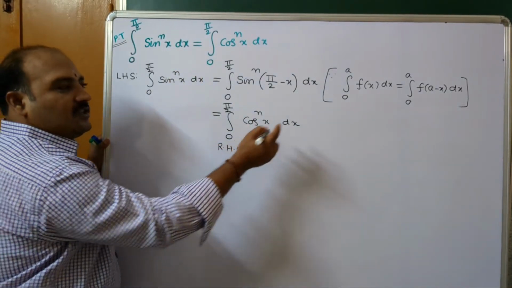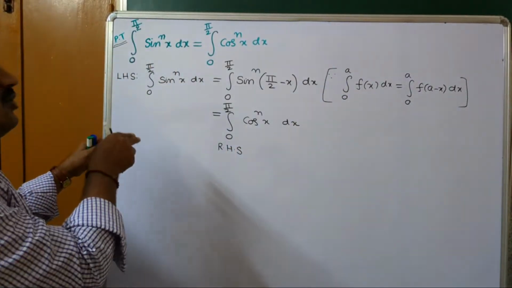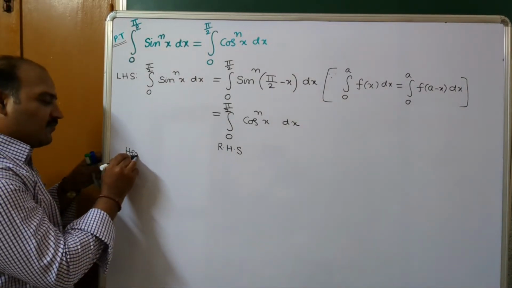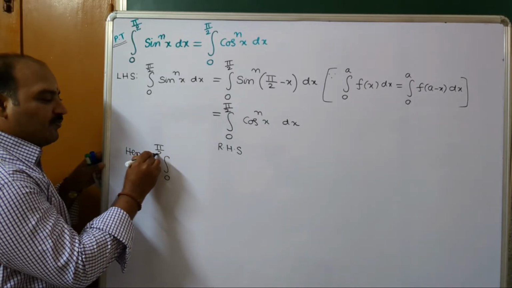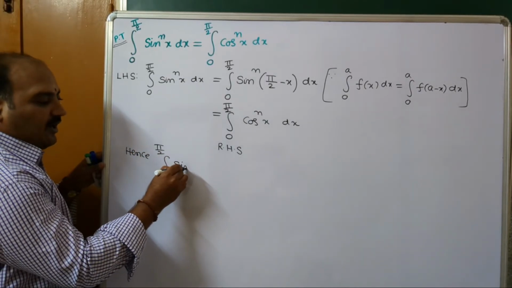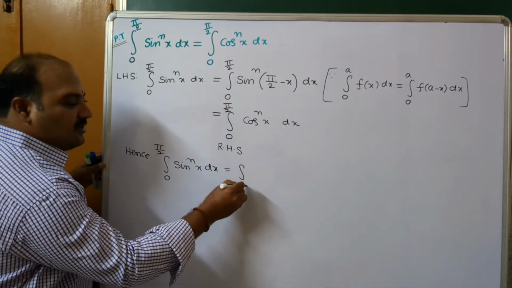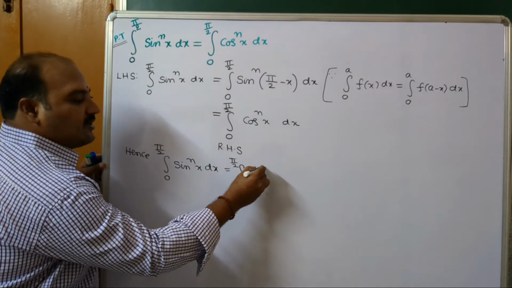For applying this property 1 mark, getting the answer 1 mark, in a 2 marks question we may get it like this. So hence, integral 0 to pi by 2 sin power nx dx is equal to integral 0 to pi by 2 cos power nx dx.